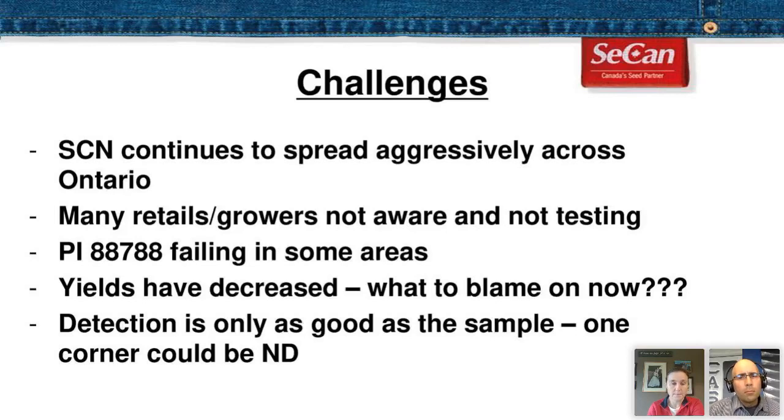Because they're not aware, they're not recognizing the impacts and realizing what to do and how to take care of it. The neat thing is that when these tests come back positive, growers realize that their yields have been decreasing over a period of time and that they may have been making incorrect decisions to try and fix situations they weren't really fixing. One example is blaming nodulation and putting down extra nitrogen when that wasn't the concern at all.